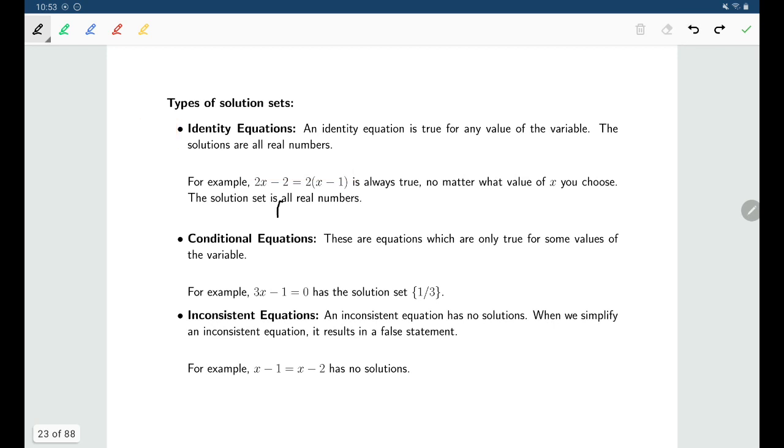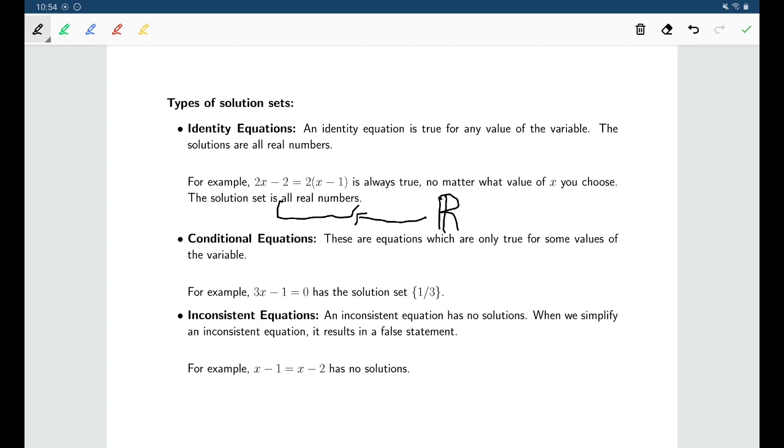The symbol that we use for the set of all real numbers looks sort of like a fancy letter R. So sort of a double stroke vertical line and then a capital letter R. That's the symbol that we use for the set of all real numbers. So you'll sometimes see me writing that symbol, and when I write that symbol, that is representing the set of all real numbers.